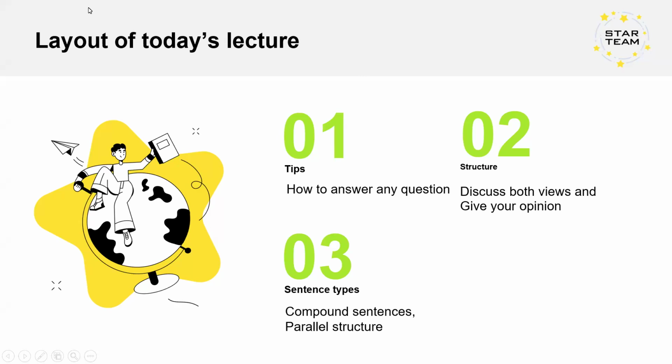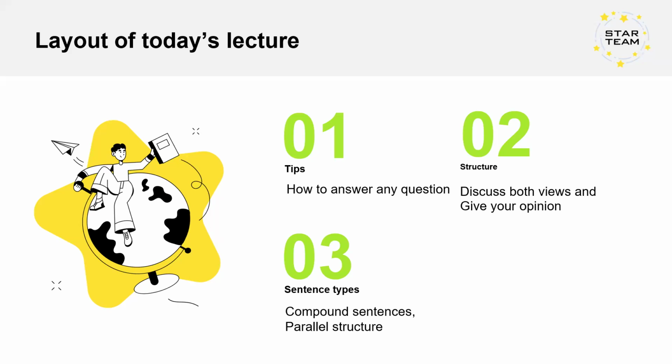Layout of today's lecture. First, we will discuss how to answer any questions. We are going to discuss the tips. Next, we are going to discuss how to write an essay of the type discuss both views and give your opinion. So you will learn what this type of essay is and what distinguishes it from other types of essays.